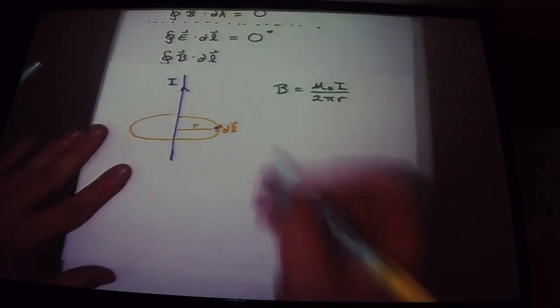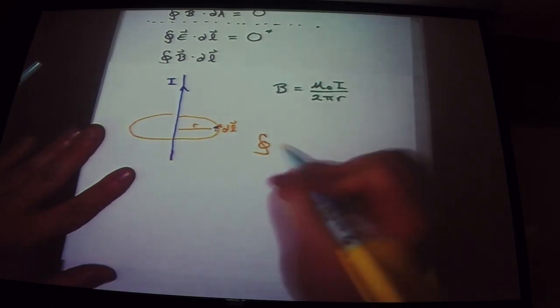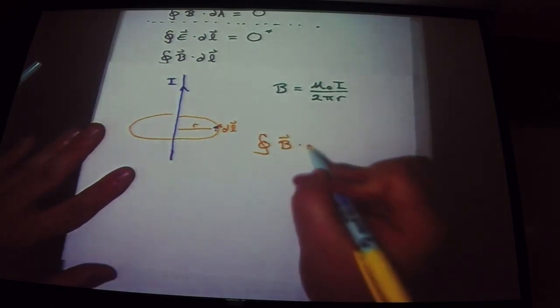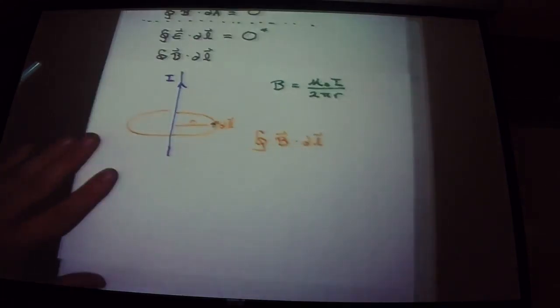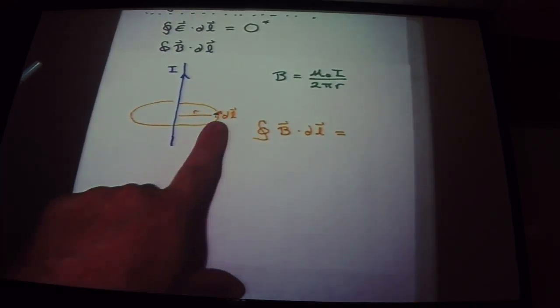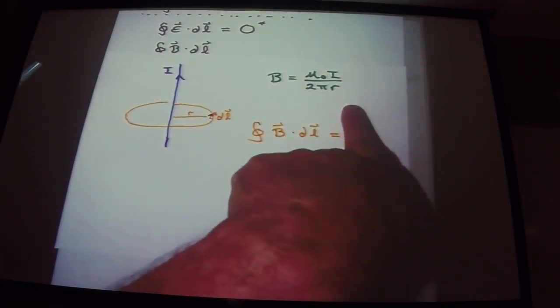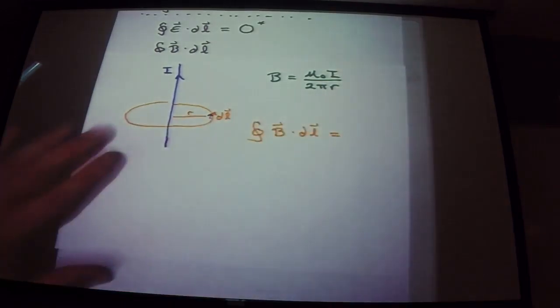I want to integrate around this loop of B dot dl. Well, in this case, the B is the same at all points, and it's equal to mu naught I over 2 pi r.